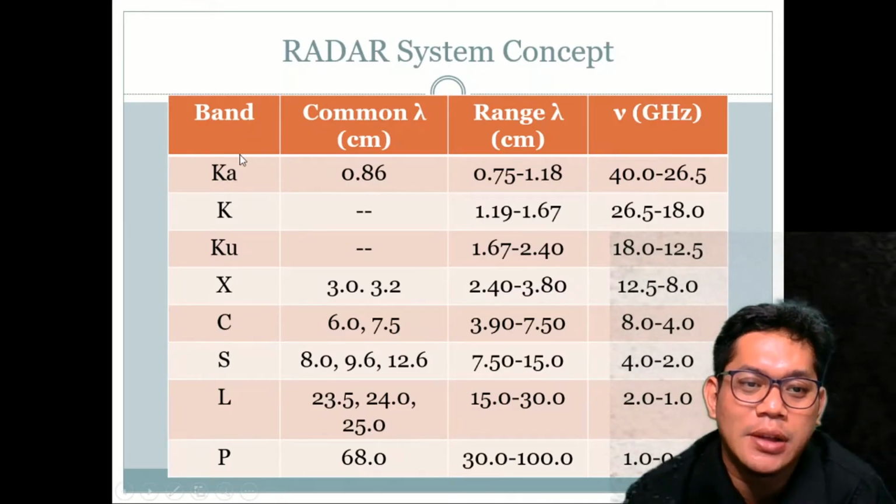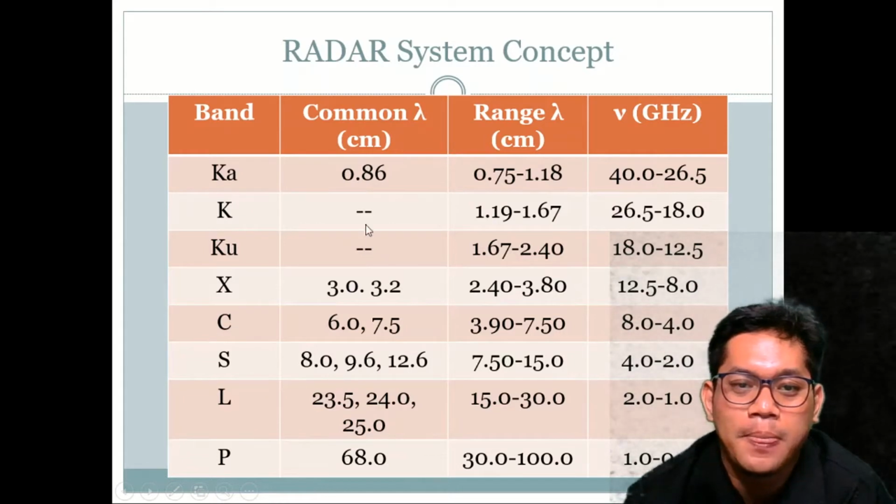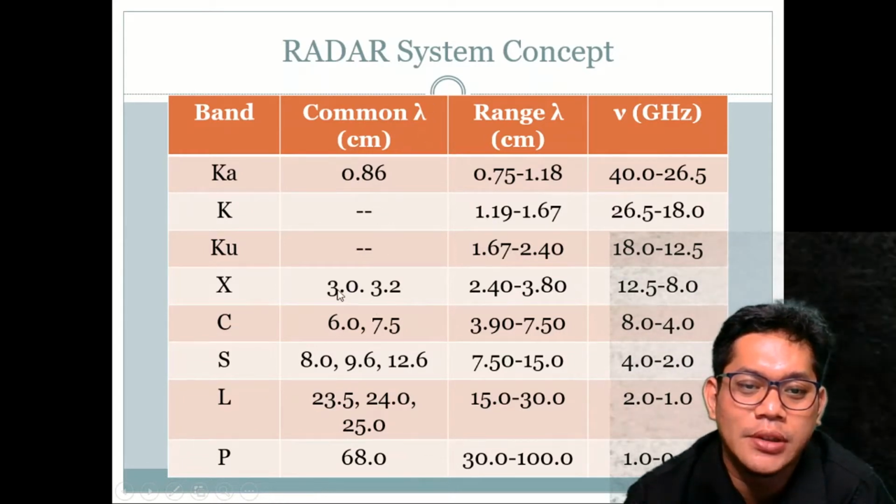These are the bands used by radar, from Ka band until P band. The common wavelength, lambda, is in centimeters. These are the ranges that the sensors are able to detect, and these are the velocity or the frequency of the wavelength.